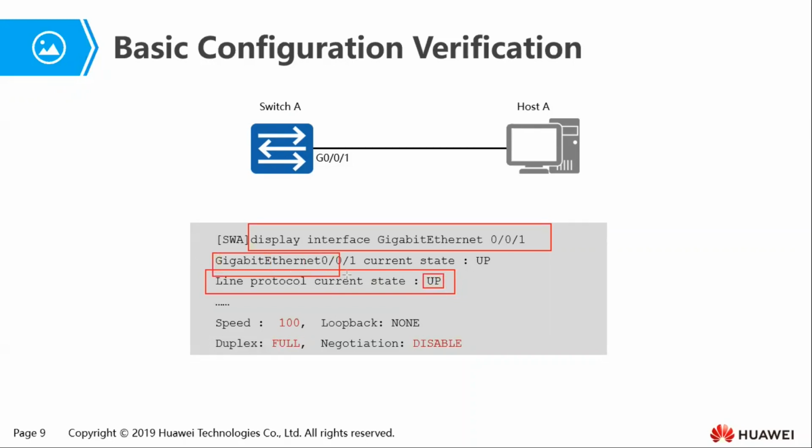When you connect that interface to another interface like we've done here, where we've connected host A and this interface, the physical status will change to up. But line protocol will only change to up if these particular parameters are actually set up. So here we can see what we just configured. The speed is 100, duplex mode is full, and we've disabled auto negotiation.